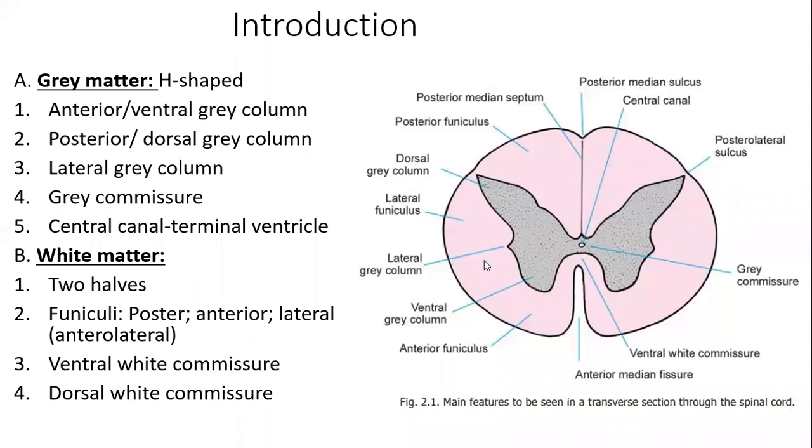Whereas the part of the white matter that lies between the two horns, anterior and posterior, is called lateral white column or lateral funiculus. Sometimes lateral funiculus and anterior funiculus are given a combined name, which is anterolateral white column or anterolateral funiculus.